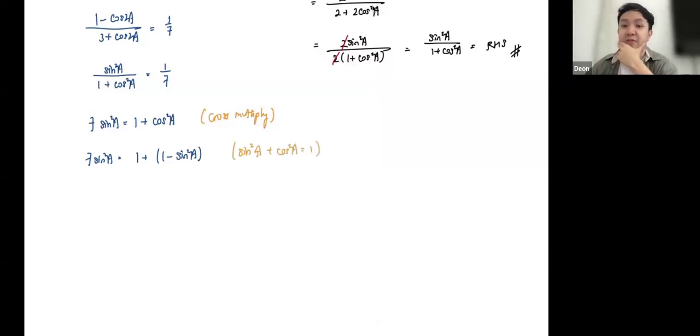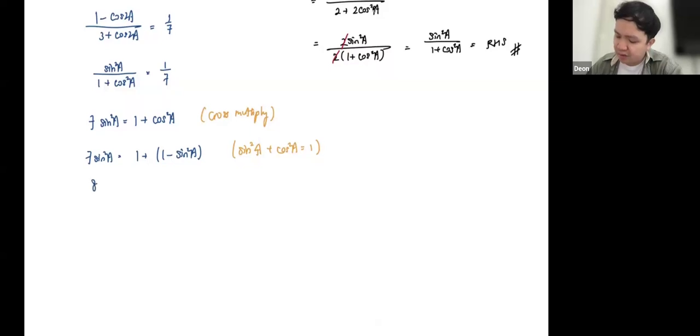Basically, it's a squared plus b squared equals to c squared. So I write 1 plus 1 minus sine square a. After I simplify everything, I get 8 sine square a equals to 1 plus 1, which is 2. So sine square a equals to 1/4. Do I have my simple ratio yet?